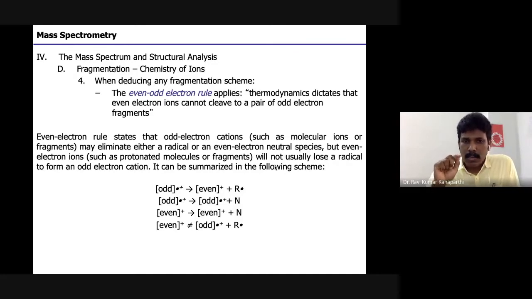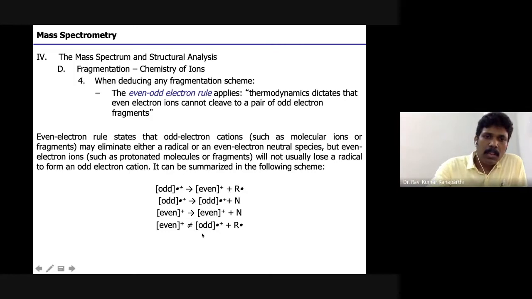So one odd electron species, the molecular ion peak, can undergo cleavage to give a radical plus an even electron species. On the other hand, the second possibility is that it can give an odd electron species plus a neutral one. Okay.